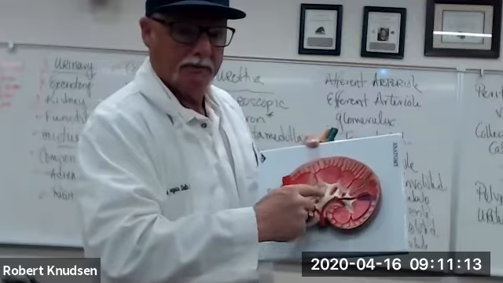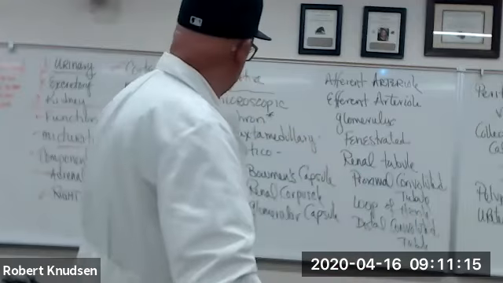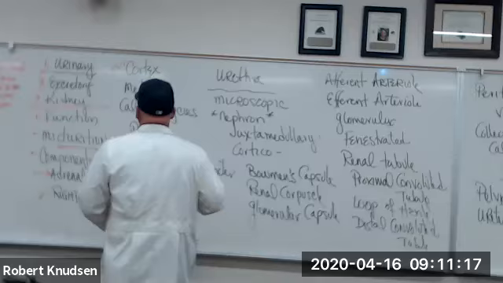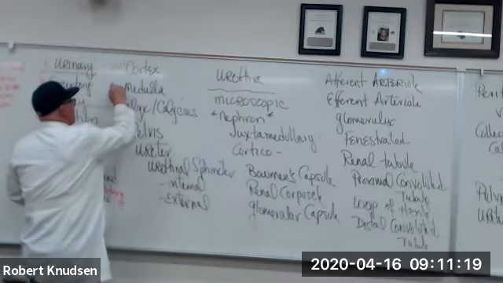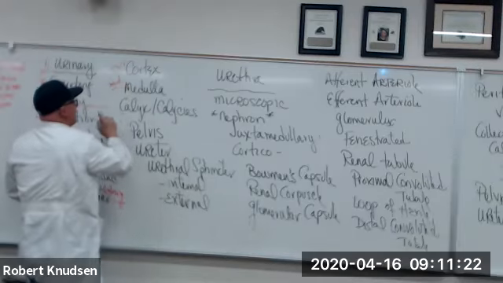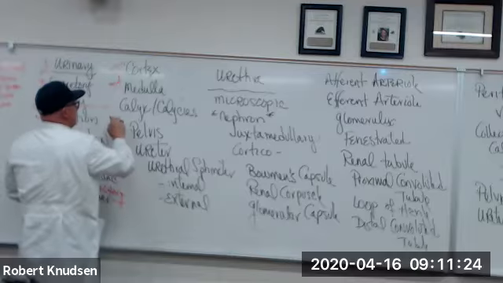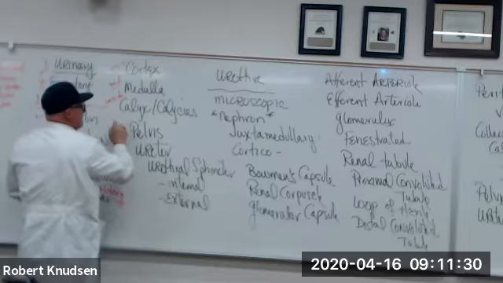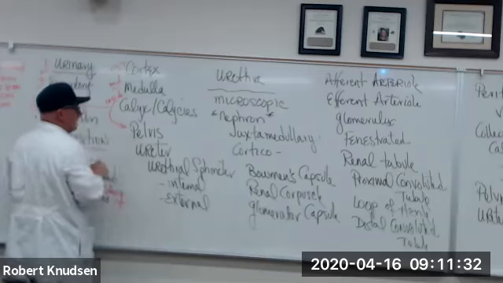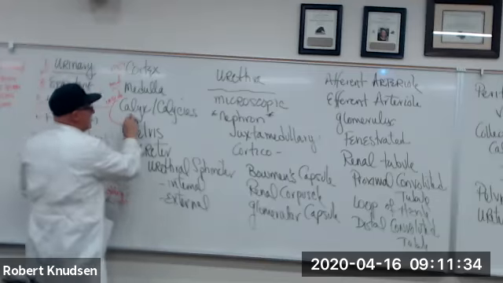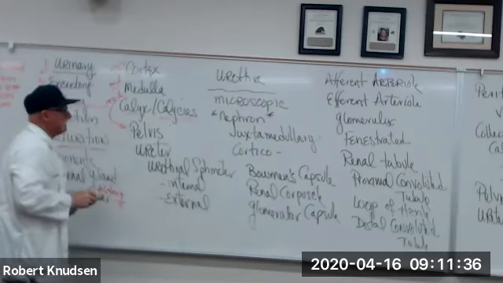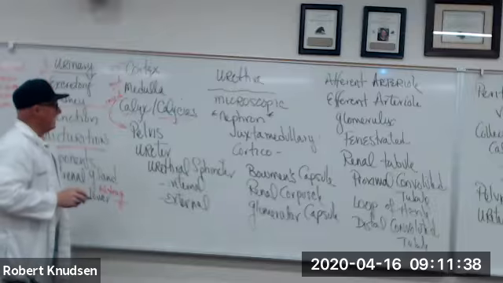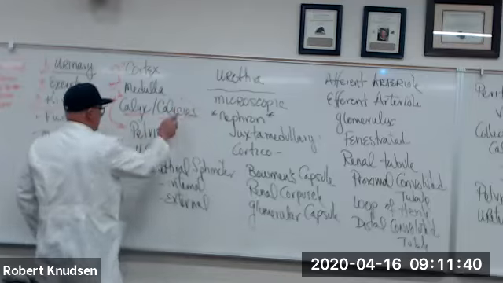And then this is the pelvis. Good? So, outside cortex, middle layer is medulla. Inside, innermost is the pelvis. The pelvis is made up of calyx, calyces, okay, singular, plural. And we'll talk about those back over there.